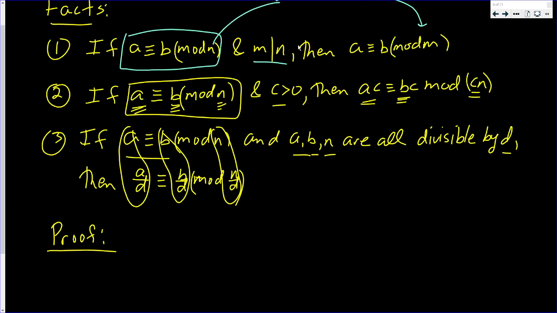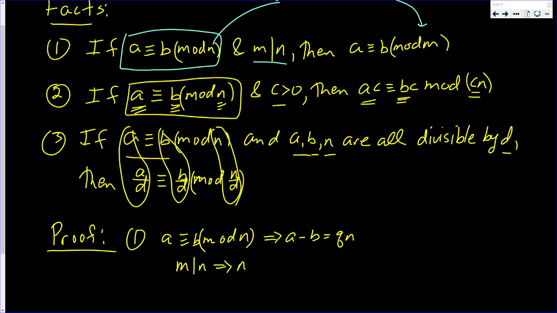Okay, so the first one, they tell us that A is congruent to B mod n. Well, that implies that A minus B is some multiple of n, and m divides n means that n is some multiple of m.